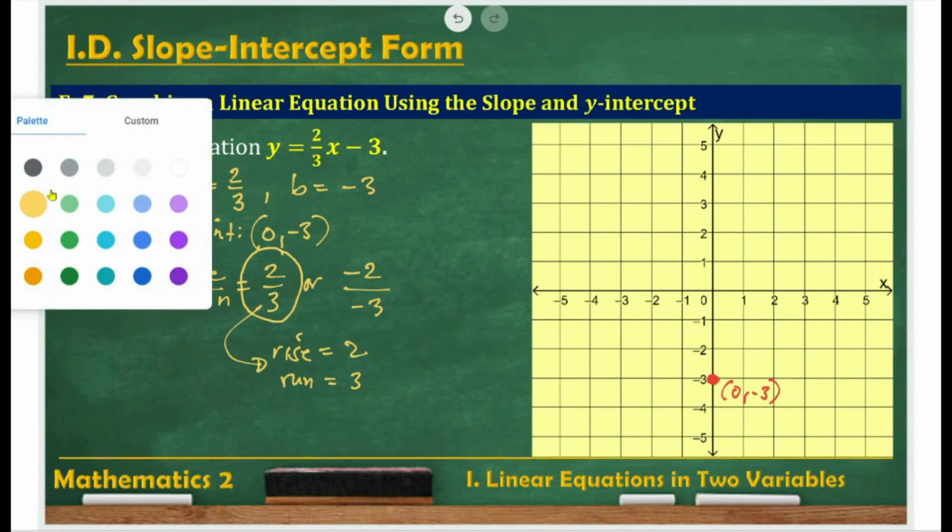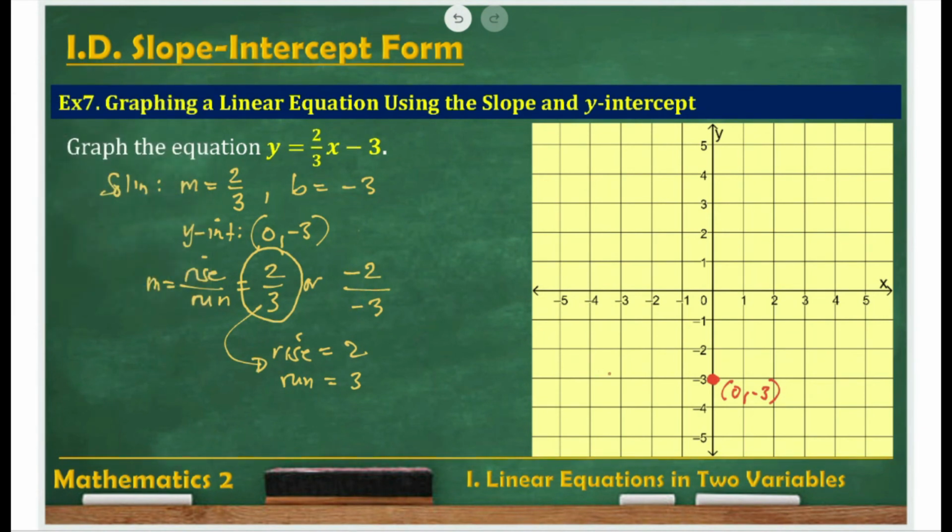Okay. So to locate another point, we rise by 2 units. If the rise value is positive, then we need to move up. So starting at 0, negative 3, we rise up by 2 units. And then a run of positive 3 would mean to run to the right by 3 units.